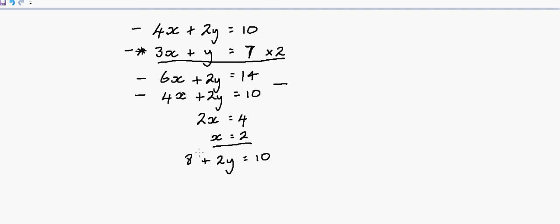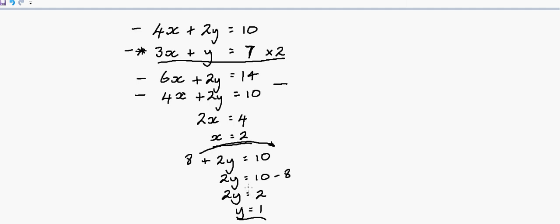As always, the number comes over the other side, so we get 2y equals 10, and remember the sign changes, so minus 8. So 2y equals 2, so y equals 1. And there we go, we solved it.